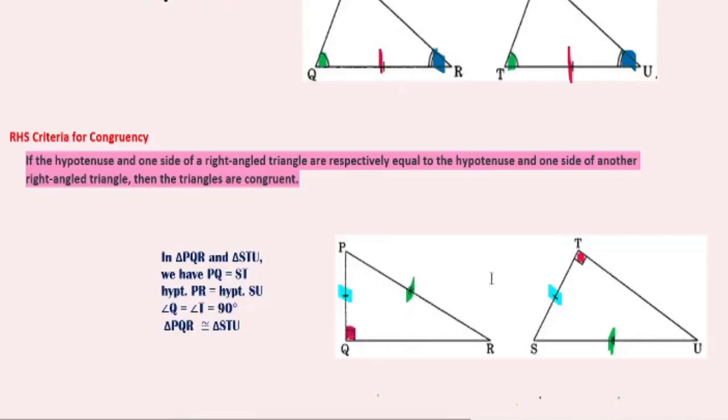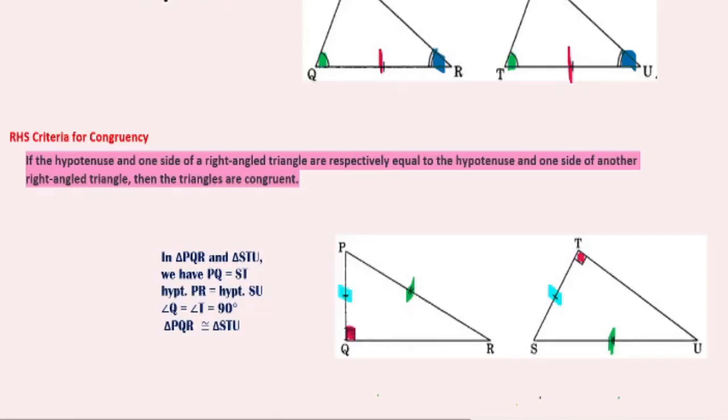So in this criteria the hypotenuse should be equal. First you check the hypotenuse of the triangles, PR and SU. So here they are equal, and one of the sides, here you can take either PQ or QR. So here it is given PQ equal to ST, and the right angle.